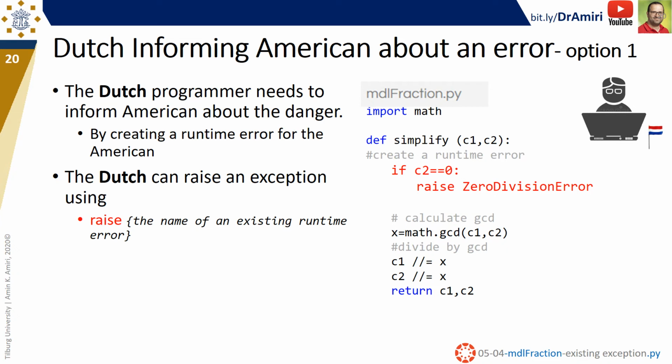In the simplify function, the Dutch programmer checks if C2 equals 0, then raise zero division error. So you just need to use the raise clause, and in the raise clause, provide the runtime error that already exists in Python.